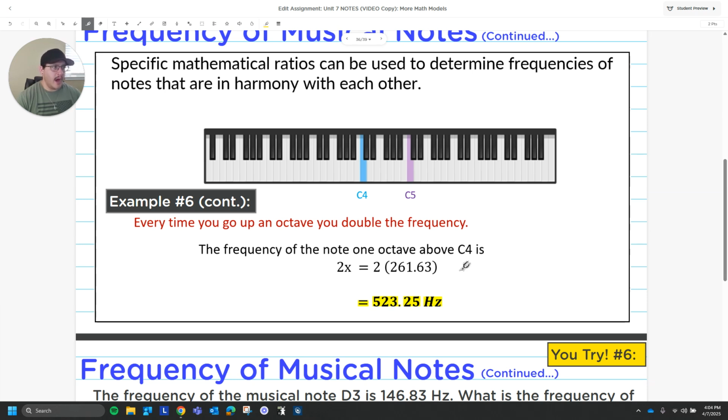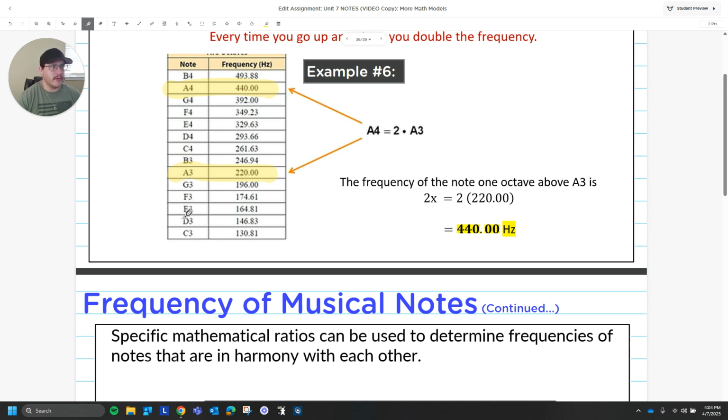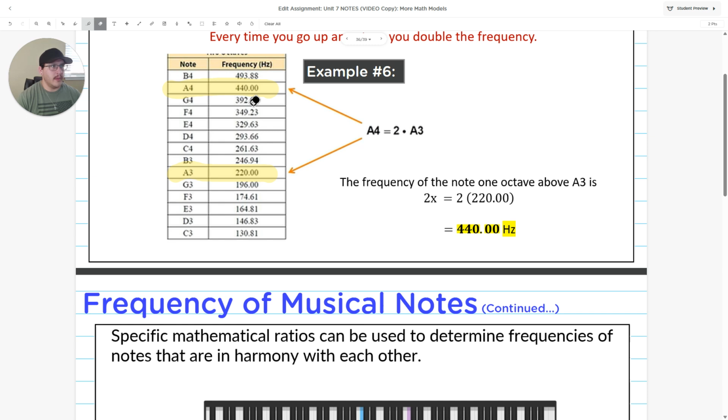If you ever want to go above an octave, for example, with C4 to C5, we know the hertz for C4 is right here. So let me erase this. 261.63 hertz.